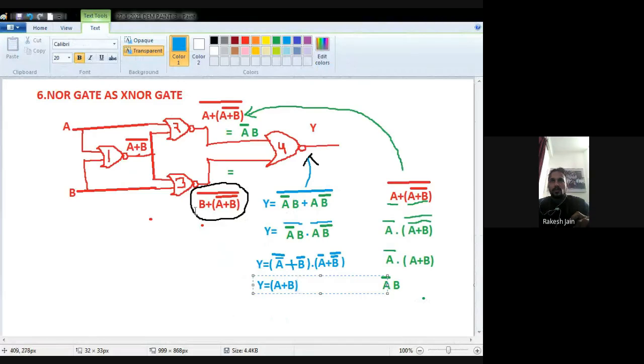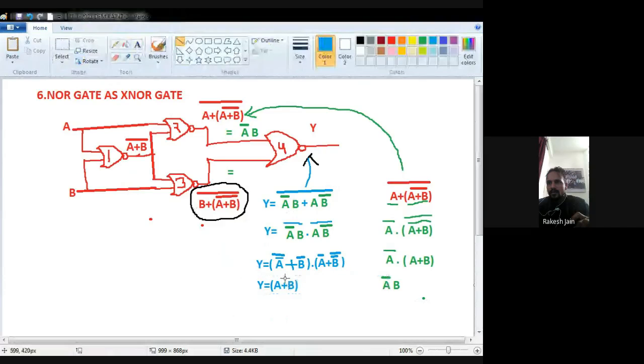Now see this one, I just move this to the upper side so that you will understand. Now see, bar to bar will be cancelled out.